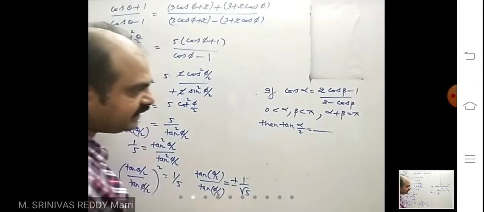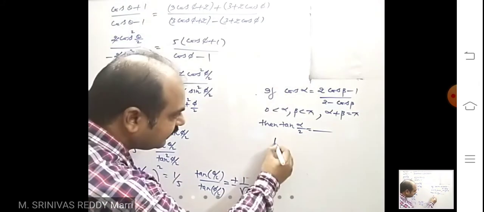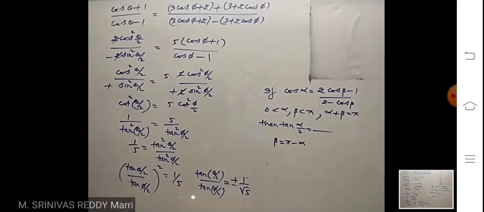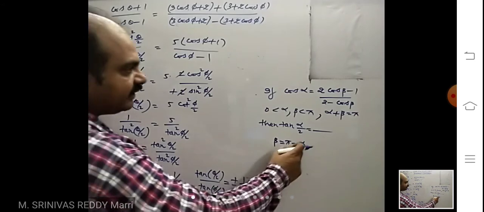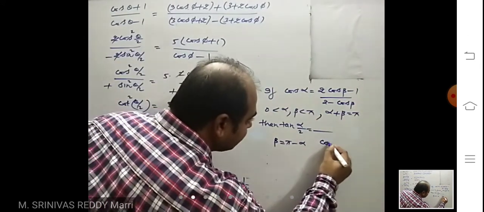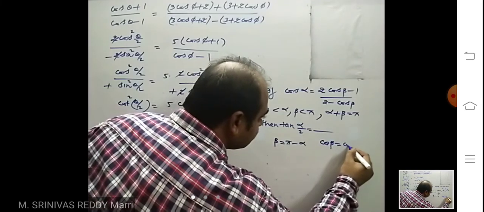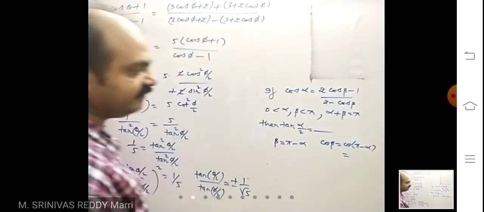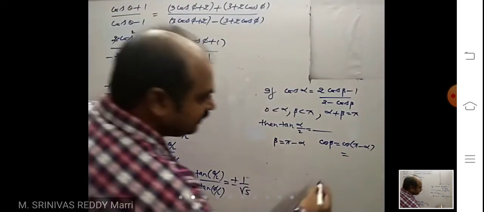Now he is asking only alpha. That means beta is nothing but pi minus alpha. Now I want to replace cos beta. Now cos beta is what? Cos of pi minus alpha.